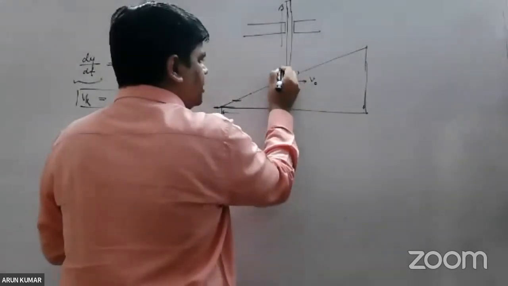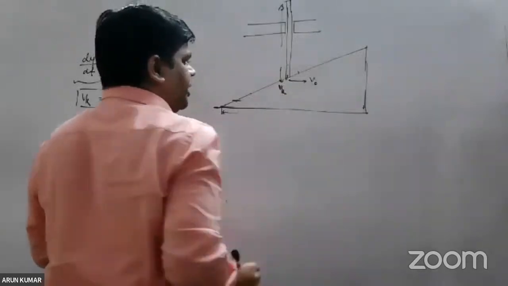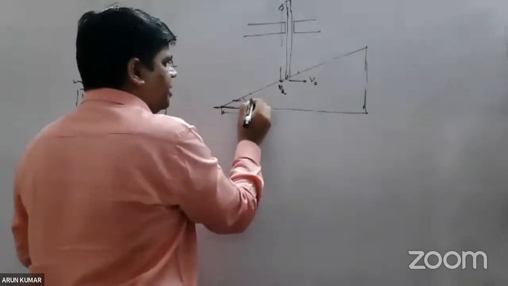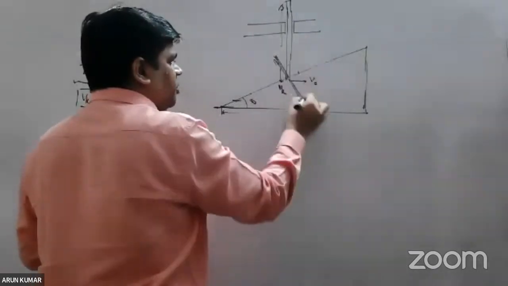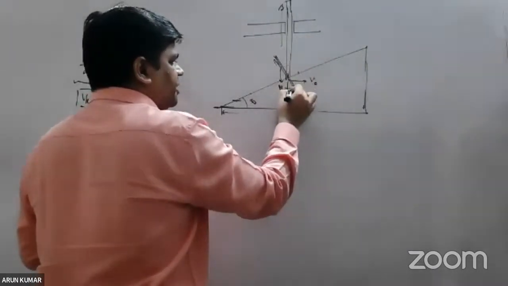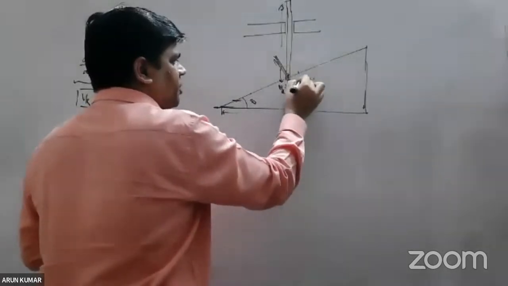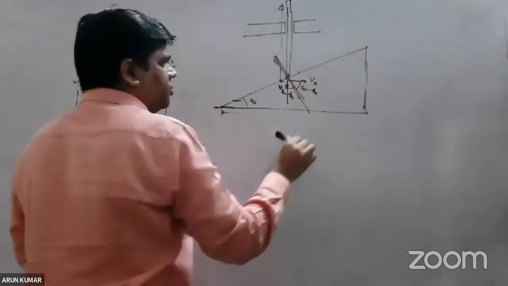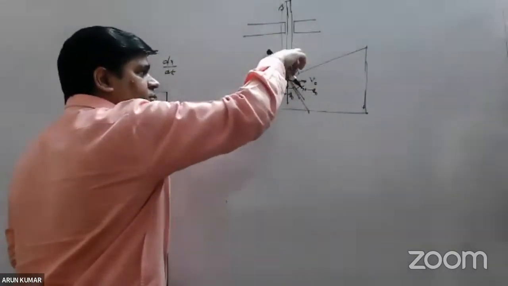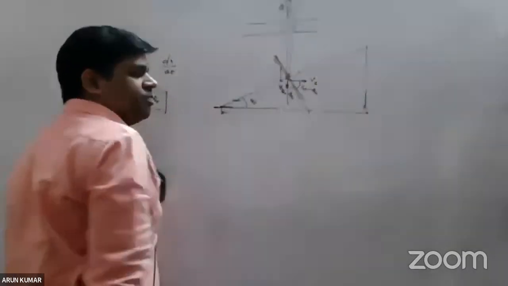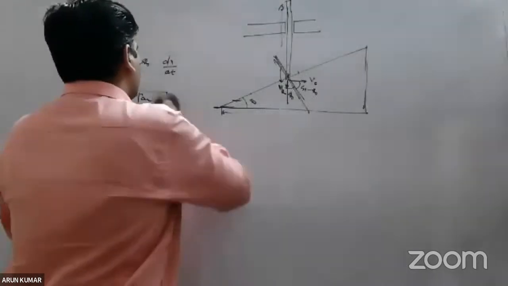Velocity of this point of contact is vr downward. Now if this is theta, along the normal, if this is my normal, this is my 90 minus theta. This is also theta. And this is v naught, this is 90 minus theta. Look at the students. Along this normal, velocity of this rod along the normal should be equal to velocity of the wedge along the normal, the common normal. I'll magnify the diagram and draw.